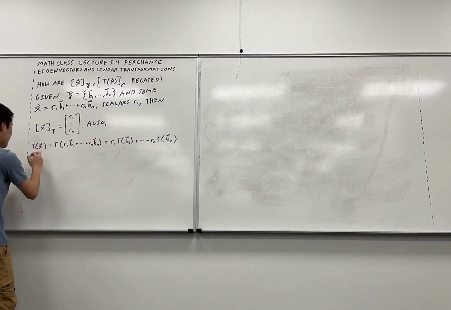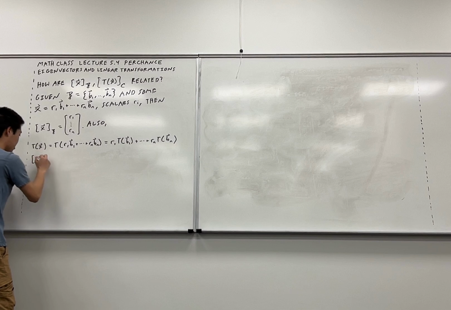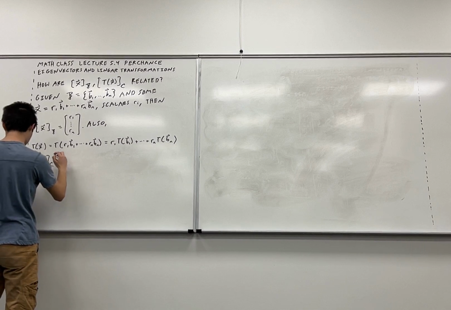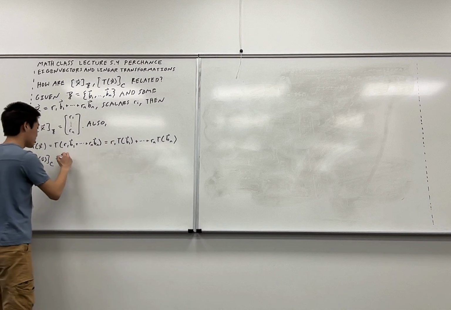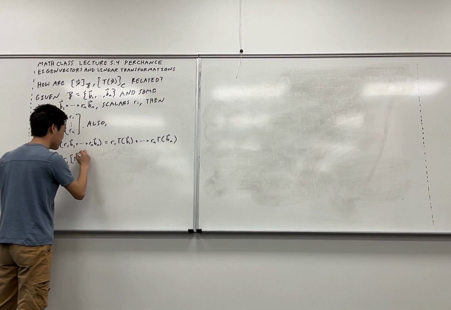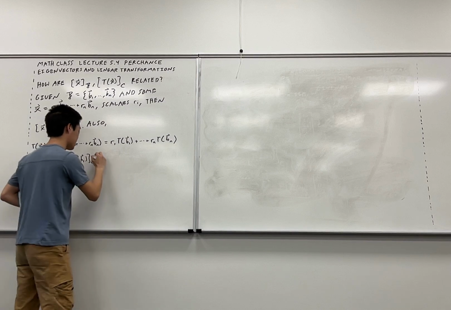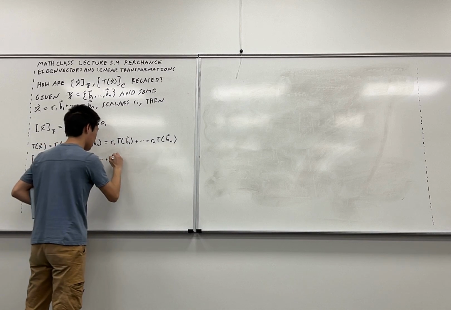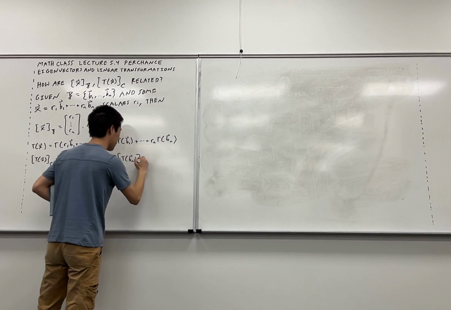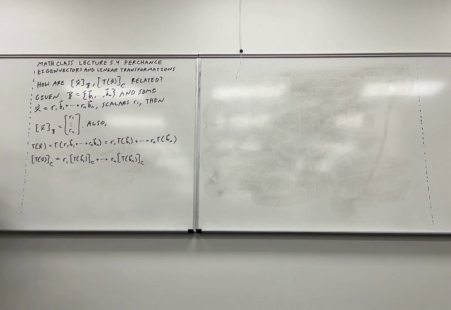Now let's take the c coordinates. So I'm going to put this into c coordinates, and the scalars are just hanging out on the outside. So r1, and then I'm going to take my T of b1 in c coordinates all the way down to rn, and then take my transformed bn basis vector and take that in c coordinates.